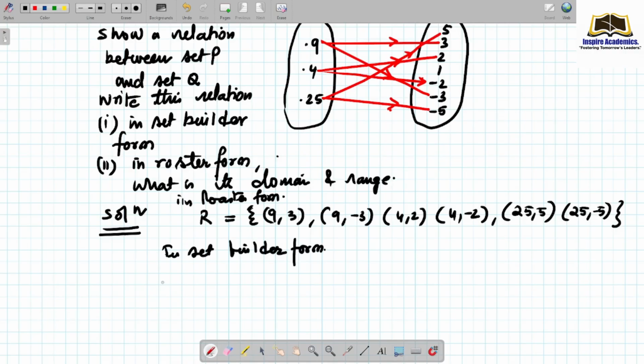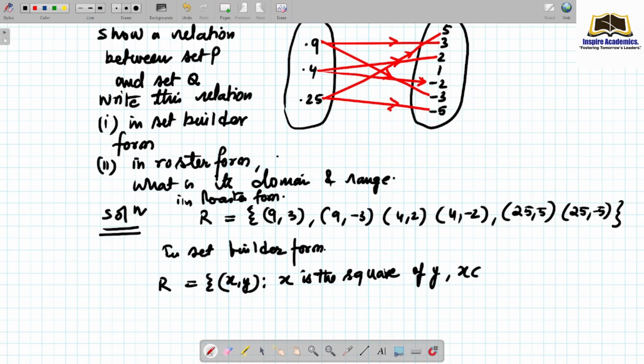What will we do in set builder form? We will write relation R is (x, y) such that x is the square of y, and x belongs to P and y belongs to Q. Here we can close the statement. So we have written this relation in both roster form as well as set builder form.